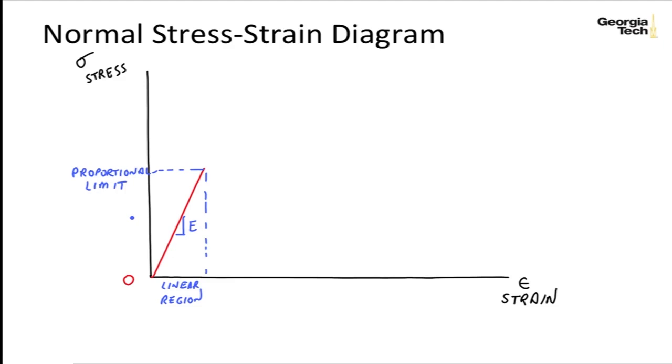Beyond the proportional range, we go into a small nonlinear range where there's no longer direct proportionality, but we're still in an elastic region where we continue to recover all of the displacement that takes place. And so this again is the end of what we call the elastic region.